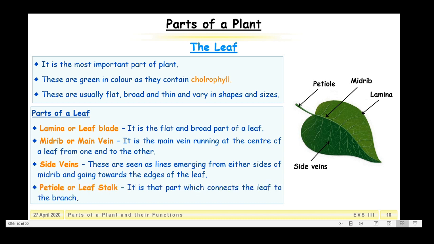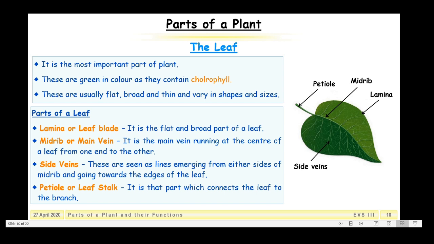And then we have the petiole or leaf stalk. It is the part which connects the leaf to the branch. So we know that this is the part from where the leaf is attached to the branch. So children, what are the four main parts of a leaf? The lamina, midrib, side veins and the petiole.